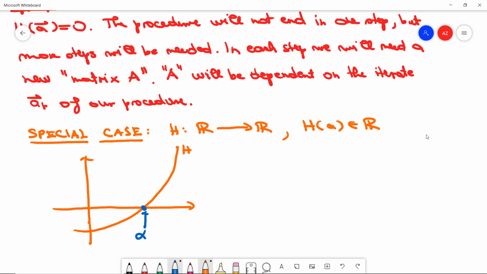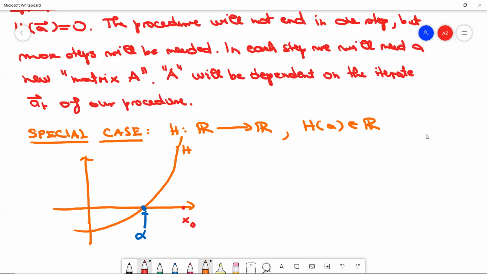And you all know the tangent method to do this. So what we do, we choose some approximation of alpha, let's say x naught. And what we do in the tangent method, so we calculate h of x naught.